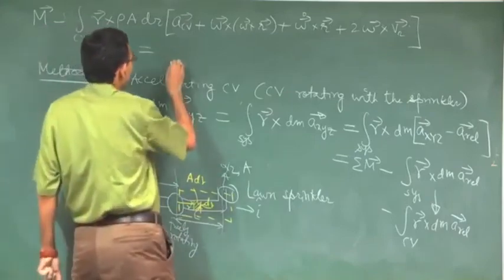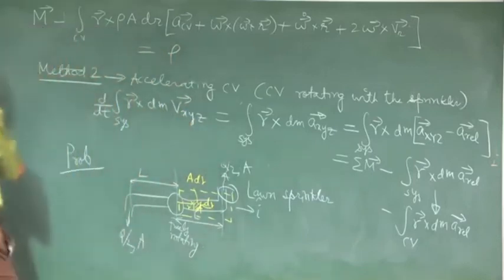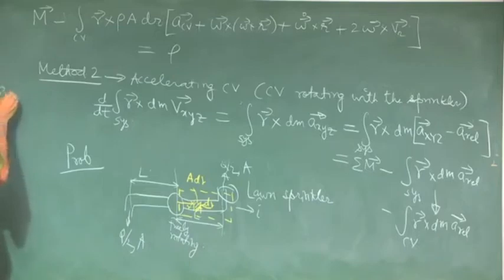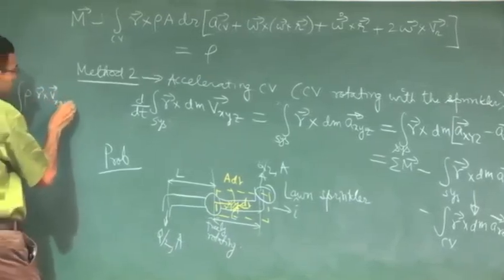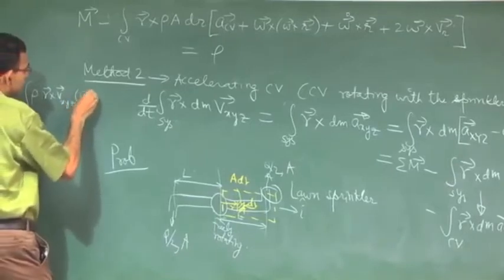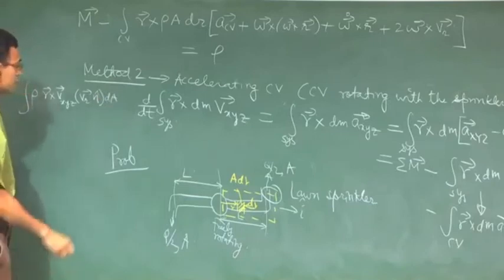So integral of, let us write the last term somewhere here, rho r cross V xyz. Right. This is the last term.